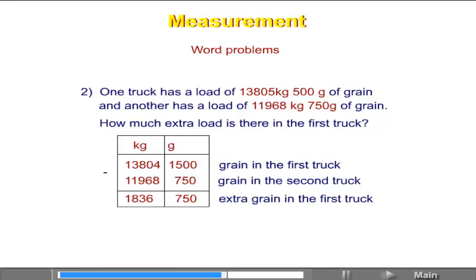Let us subtract 11,968 kilograms from 13,804 kilograms. The answer is 1,836 kilograms. Therefore, the first truck has 1,836 kilograms, 750 grams of extra load.